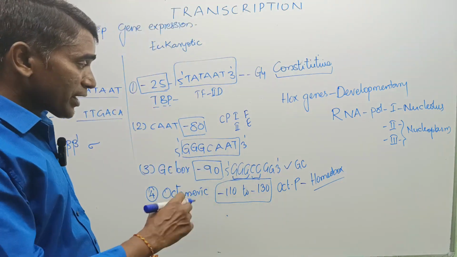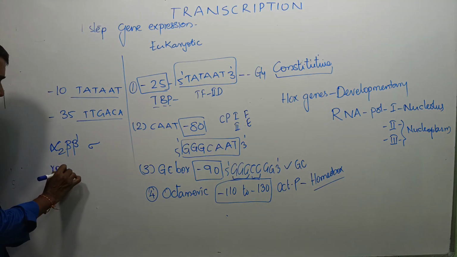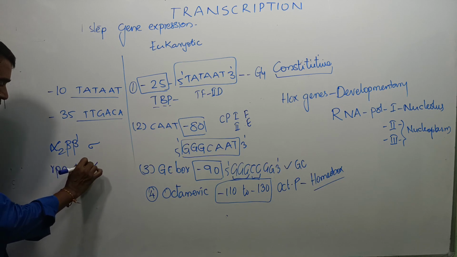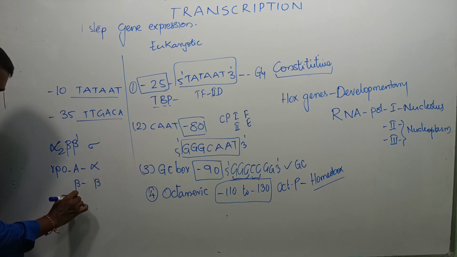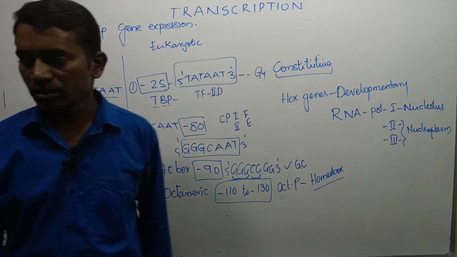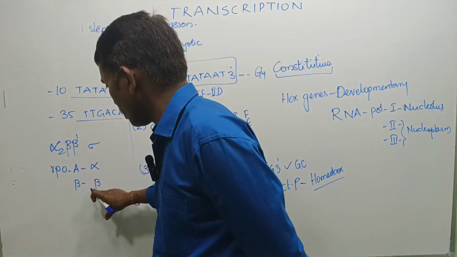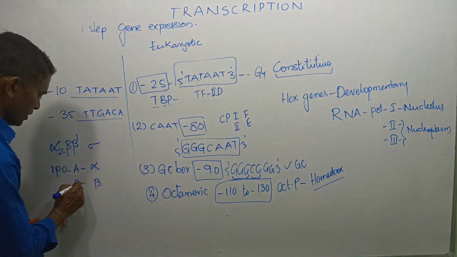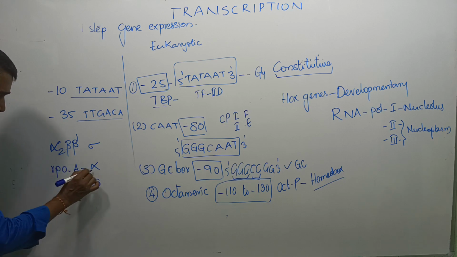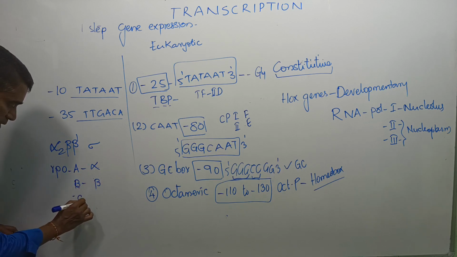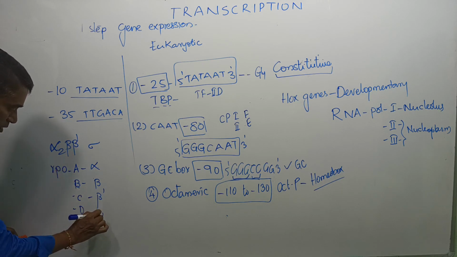So in RNA polymerase, the gene rpoA codes for the alpha subunit, rpoB codes for the beta subunit, rpoC codes for the beta prime subunit, and rpoD codes for the sigma factor.